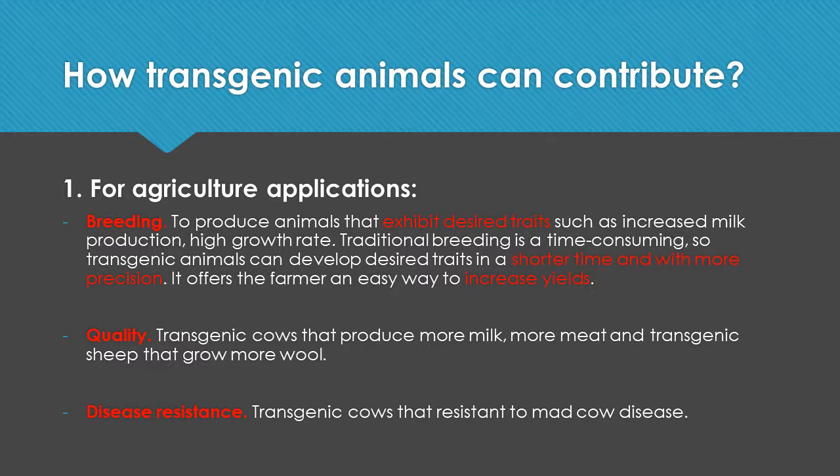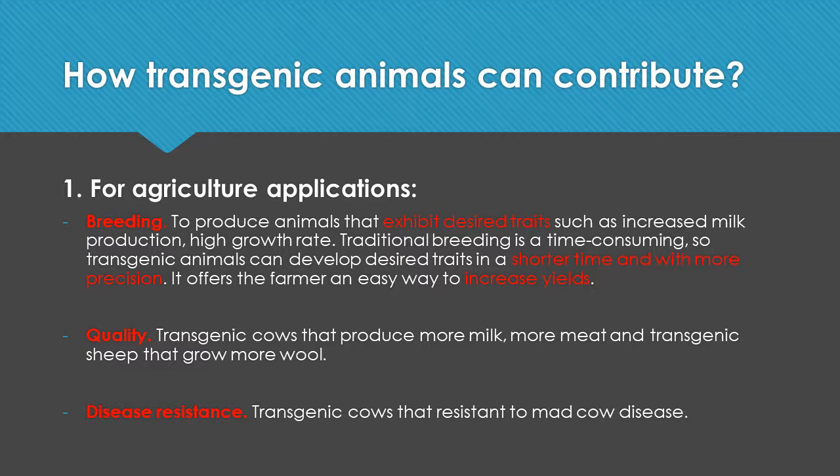So if we can produce transgenic animals that have a desired trait, it can help in the breeding process, with even shorter time and more precision. It will help the farmer have an easy way to increase their yield.